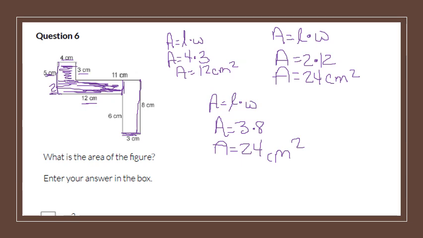So to find the total area, I'm going to add 12 plus 24 plus 24. And I do get 60 centimeters squared.